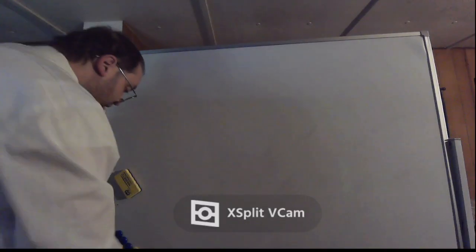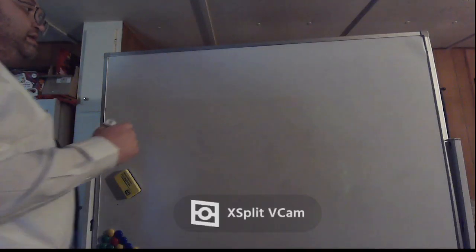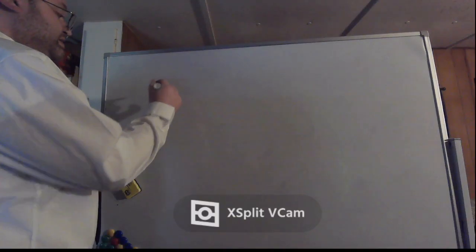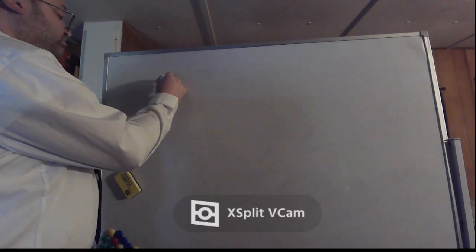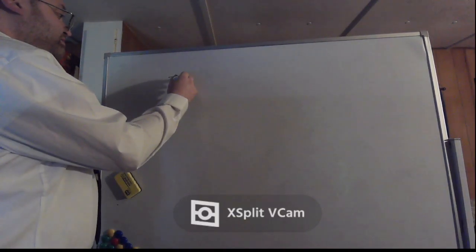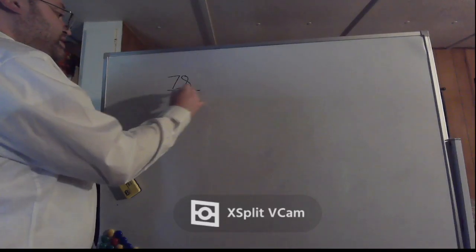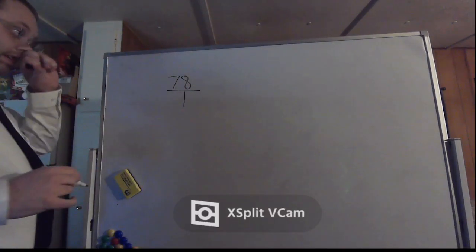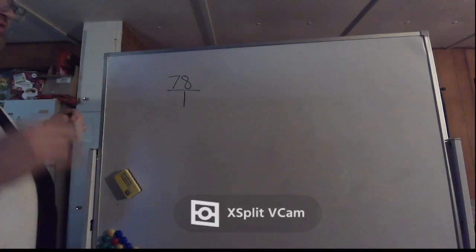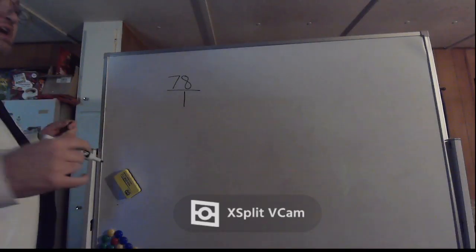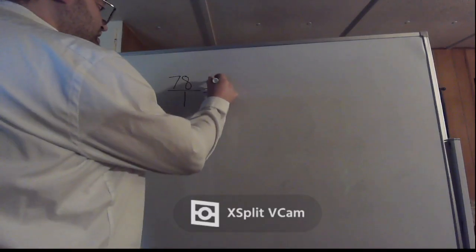Here's a couple quick rules for fractions, though. This might look familiar from division, because in fact fractions are division. So let's say I have 78 over 1. That's 78 first. So that's 78 over 1. Any number divided by 1 is itself.